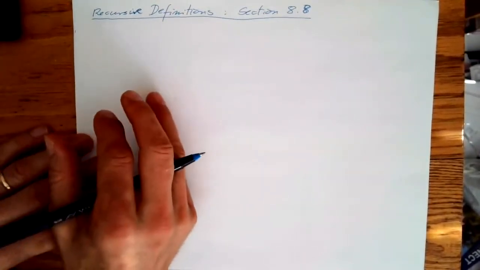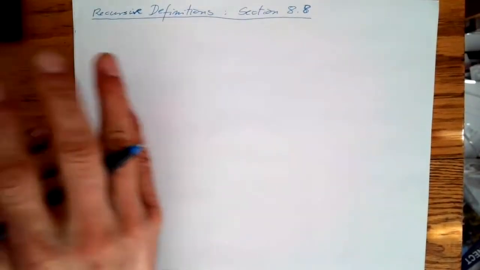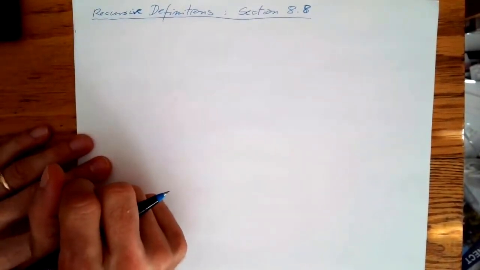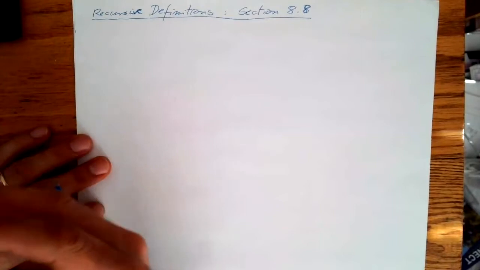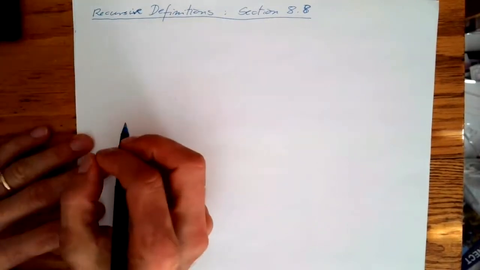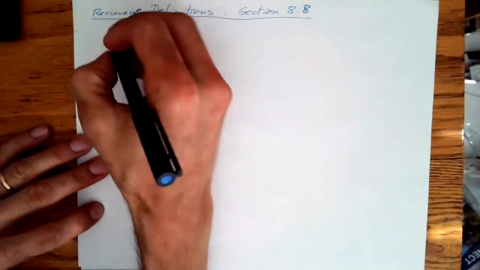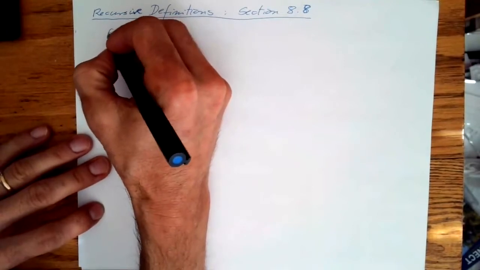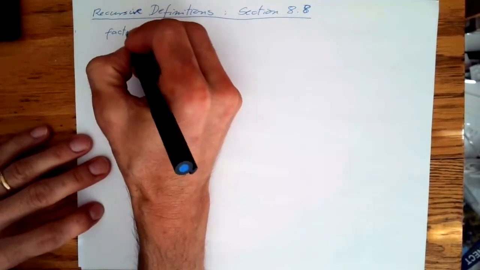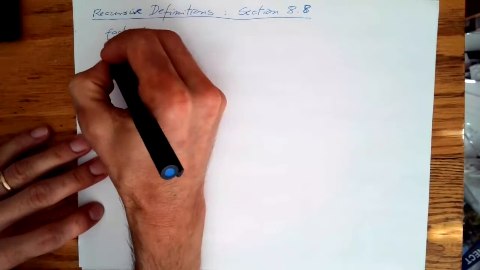Let me start by showing some recursively defined objects that we already know, and review different types of recursions that we have already seen. The first one, a factorial function.